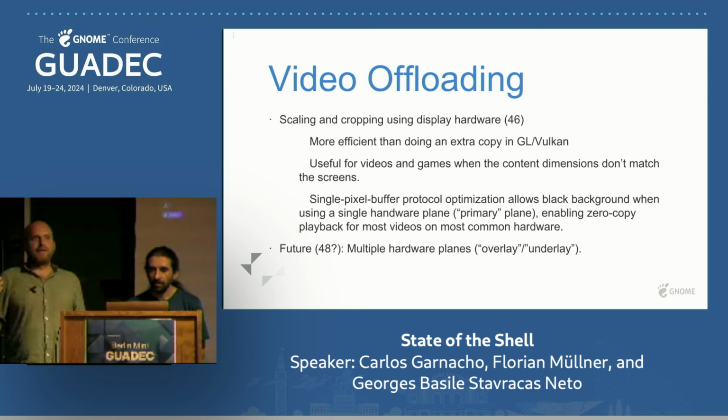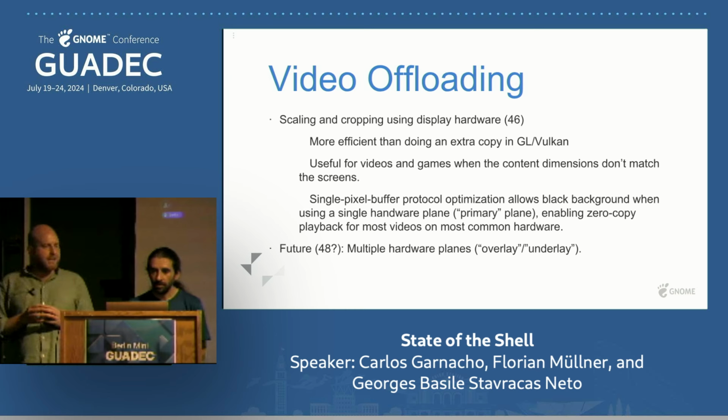And that means that a client can send us content, and even if it doesn't match the screen exactly, for example a video in full screen mode, we can now scale it using very efficient hardware. Also cropping.